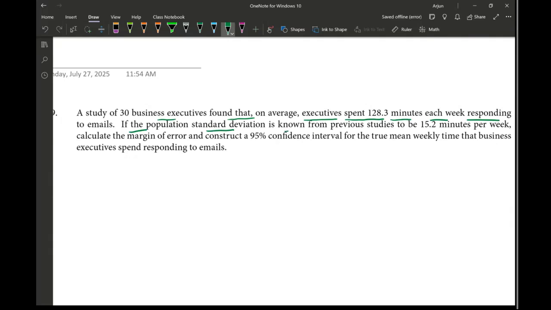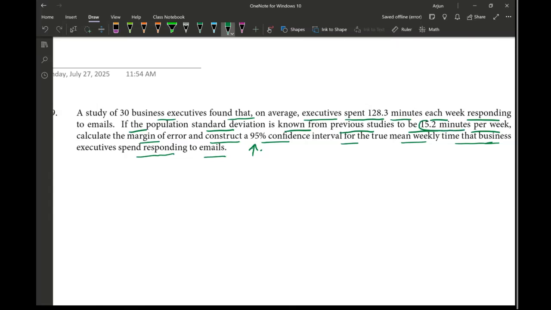If the population standard deviation is known from previous studies to be 15.2 minutes per week, calculate the margin of error and construct a 95% confidence interval for the true mean weekly time that business executives spend responding to these emails. So basically, we wanted to construct a 95% confidence interval around our sample mean.